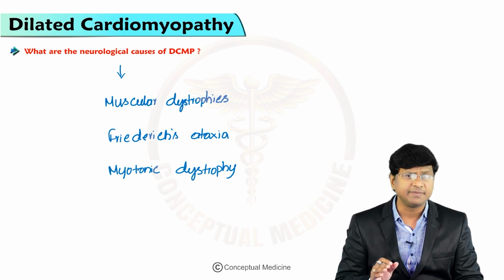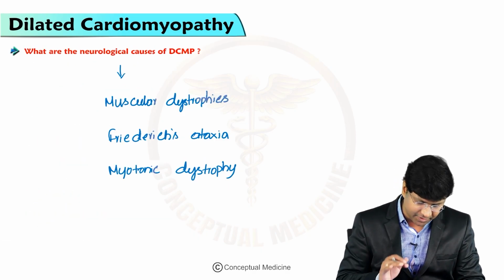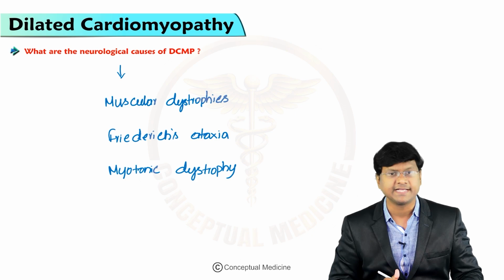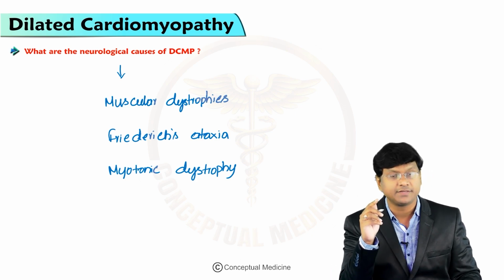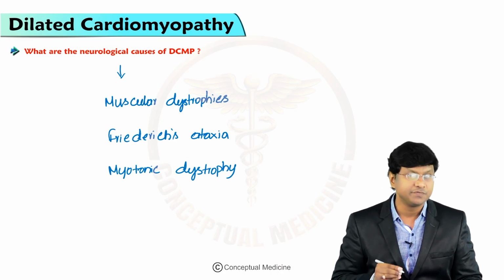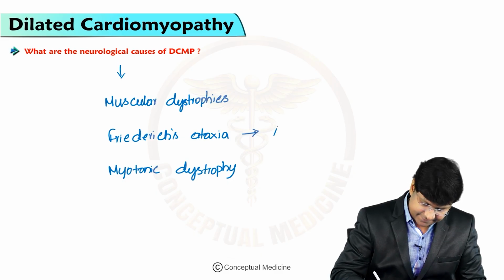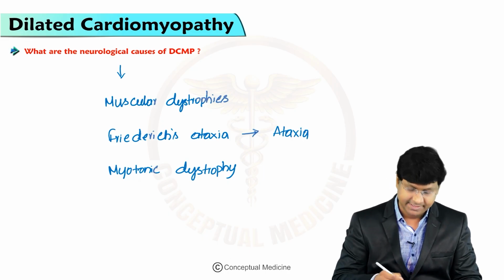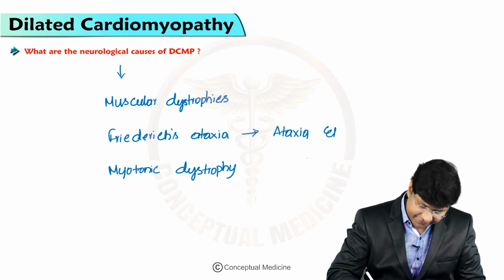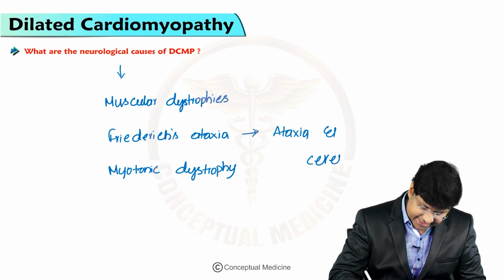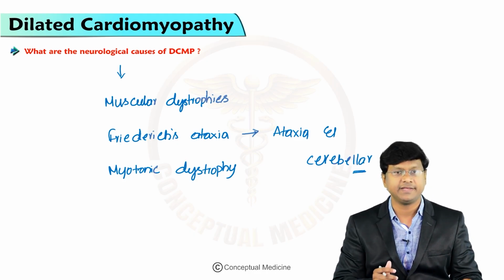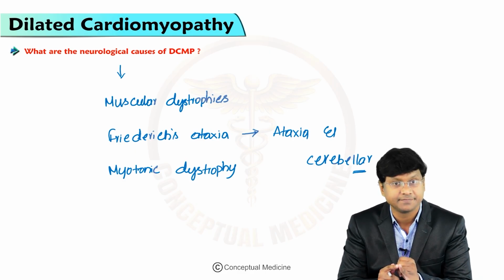Now, out of this, let me discuss a few points about Friedreich's ataxia. See, these patients with Friedreich's ataxia, the initial symptom will be ataxia, and they'll have all the features of cerebellar involvement, that is, a wide based gait.